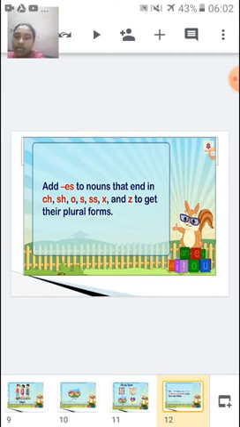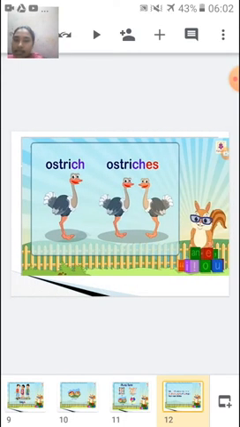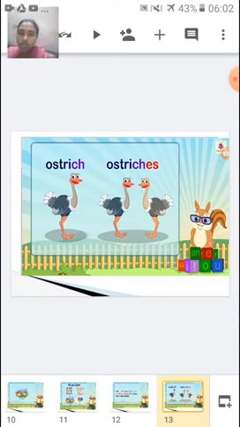So all the words that end in ch. For example, ostrich. If you take ostrich, you cannot write ostrich with just a plain s, whereas you have to add es to it. Okay, so then you can write it as O S T R I C H E S. So here ostrich, when it is converted into ostriches, that is the plural form, you have to add es.